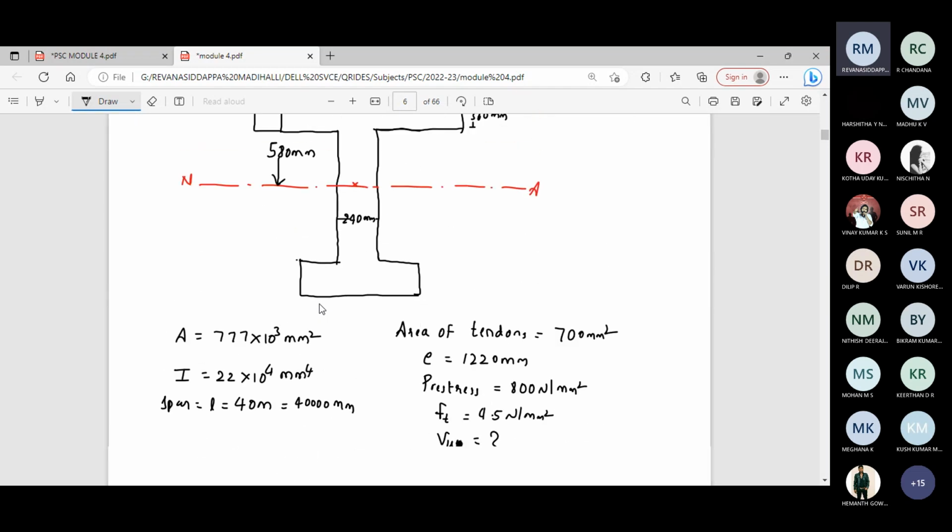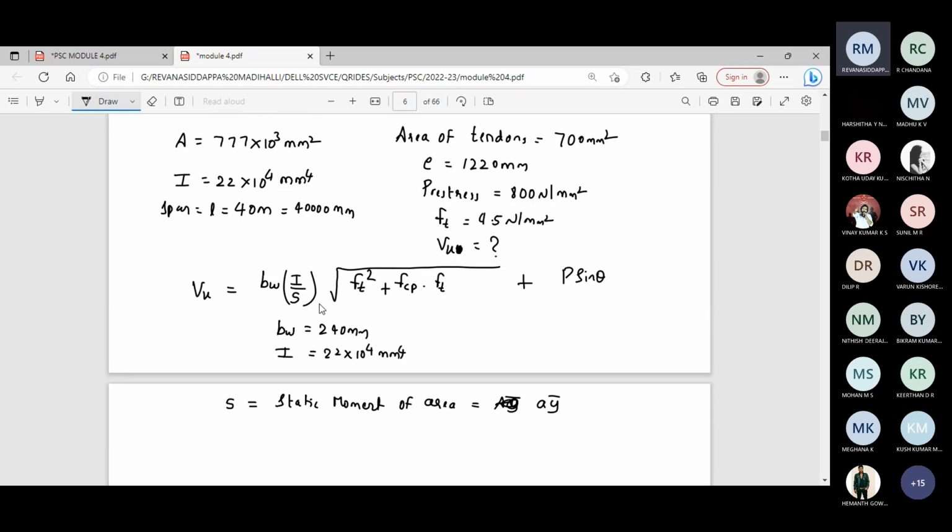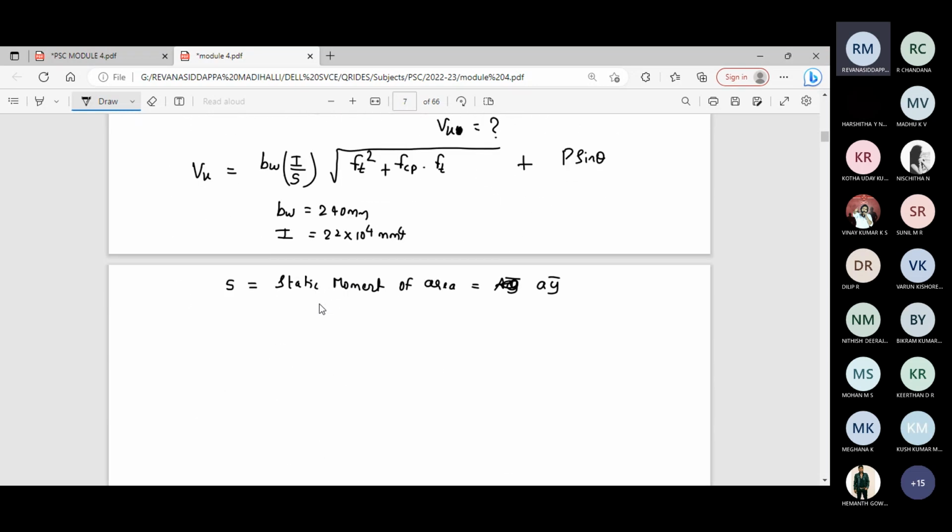Then S is nothing but the static moment of area, which is equal to A into Y bar. I'll call it small A into Y bar, and capital A I will treat as the area of the full cross section.